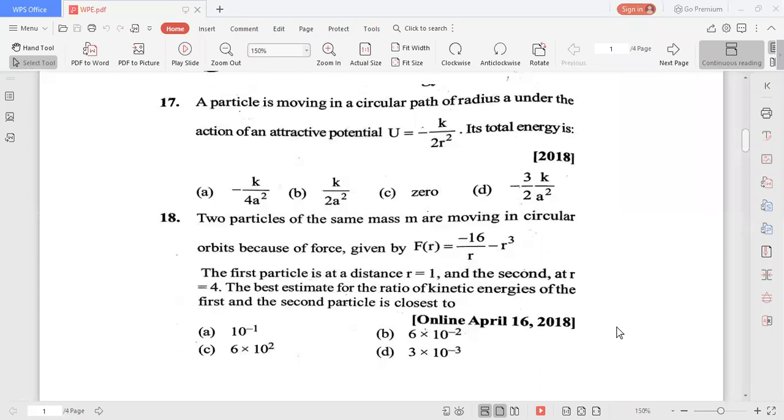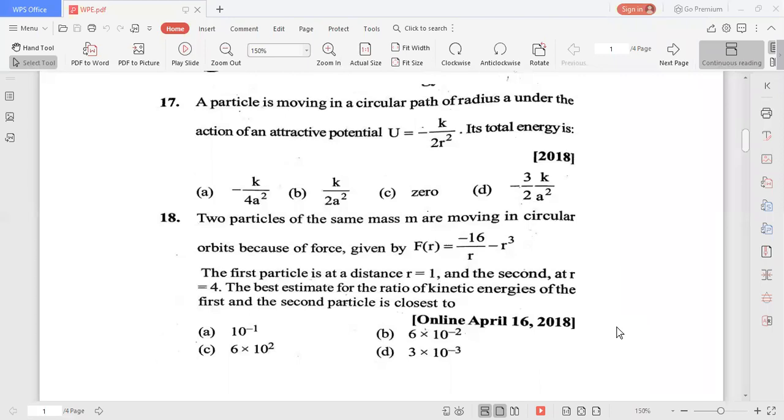It is the centripetal force acting on the particle. From this, what is the kinetic energy of the first particle? To find the kinetic energy, from this relation find mv square. mv square is equal to minus, multiplying with r, 16 plus r to the power of 4. Therefore kinetic energy is equal to half mv square, that is, half of minus of 16 plus r to the power of 4.